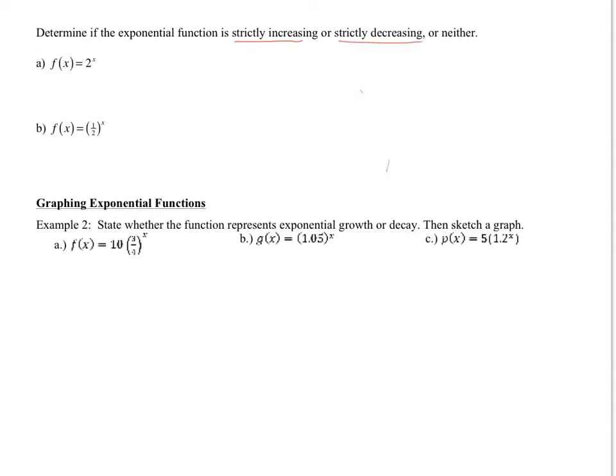So in the case of it strictly increasing, b is greater than 1. Strictly decreasing, b is in between 0 and 1. So the function values, the output values, in this case, f of x1 is greater than f of x2, so that should make sense.